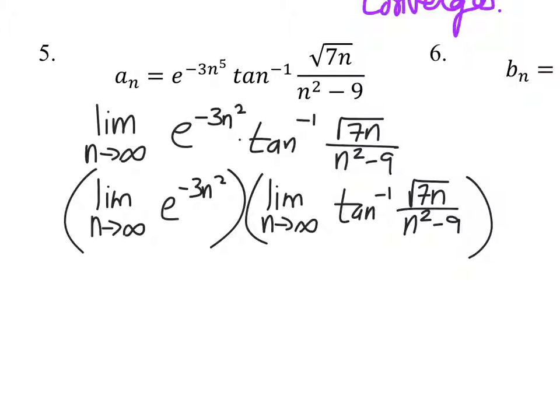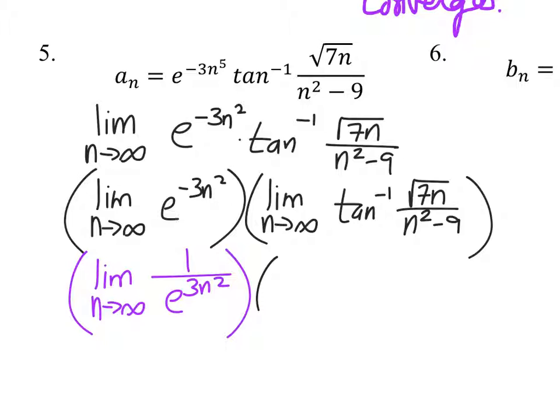You can get this result, it would be doable, but let's focus on the other one. This is the same as 1 over e to the 3n squared. I'm going to ignore the factor on the right. I'm just going to call that some limit L.